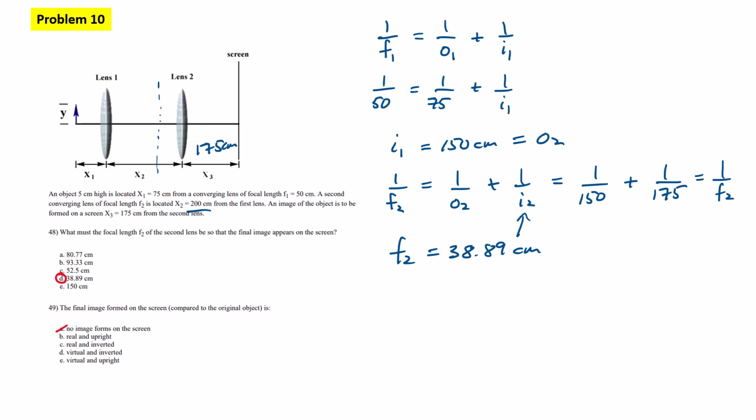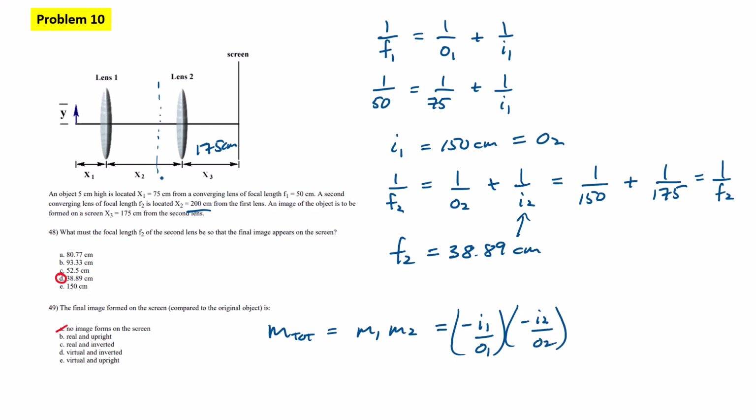So what I would do for this one is I would first look at the magnification, right? What is the total magnification? Well, the total magnification is simply the product of the magnification from the first lens multiplied by the magnification from the second lens. So I get minus I1 over O1, and then multiplied by minus I2 over O2.